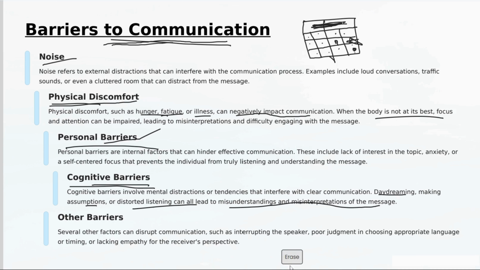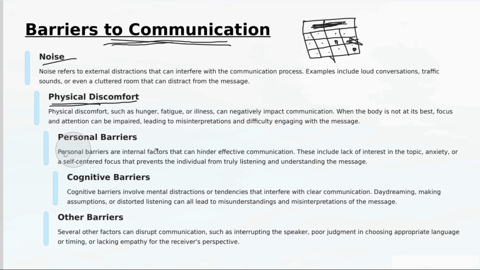Suppose a person comes and is saying something, but we have already closed ourselves, saying, okay, he was the one creating a nuisance in the field that day, so let's not talk to him, he only wastes time.